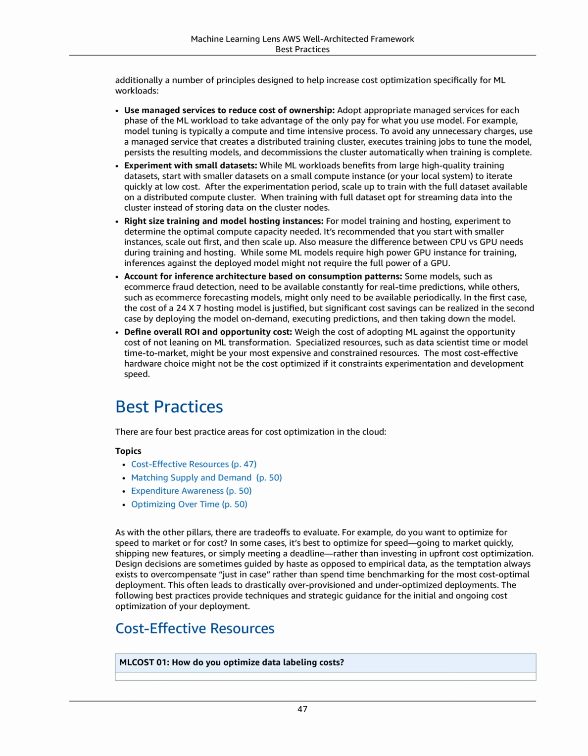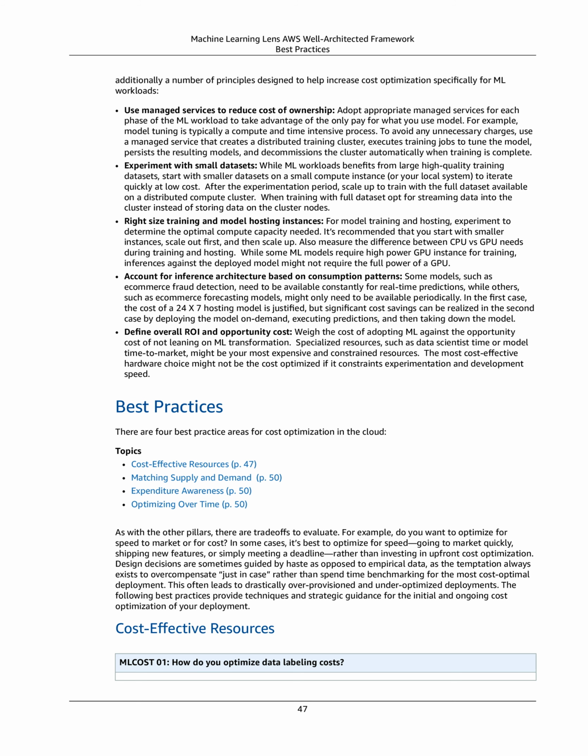Design decisions are sometimes guided by haste as opposed to empirical data, as the temptation always exists to overcompensate just in case rather than spend time benchmarking for the most cost-optimal deployment. This often leads to drastically over-provisioned and under-optimized deployments. The following best practices provide techniques and strategic guidance for the initial and ongoing cost optimization of your deployment.